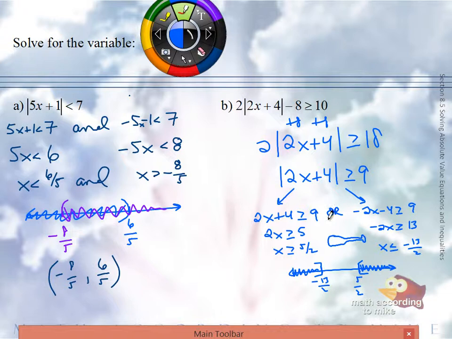We have disjoint, but that's okay because we have or. What's the first set? How left does it go? So how far right? 13 halves. Bracket, union, someone else? Bracket. Good.